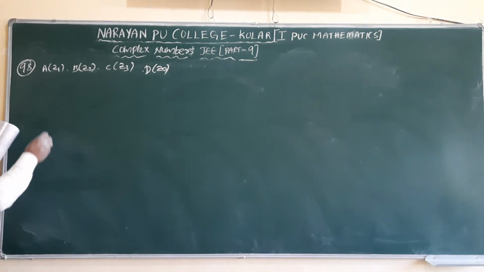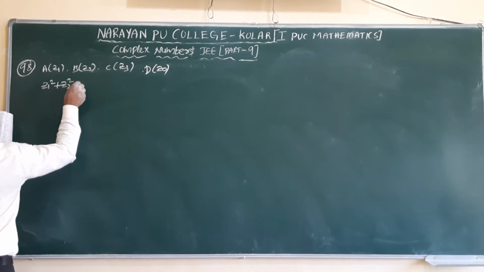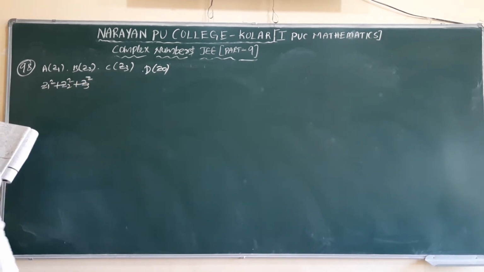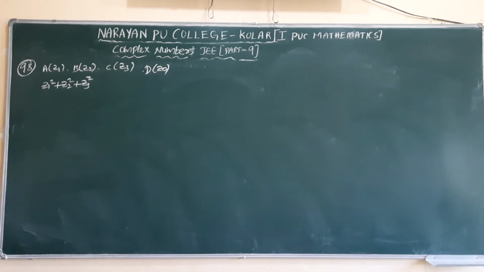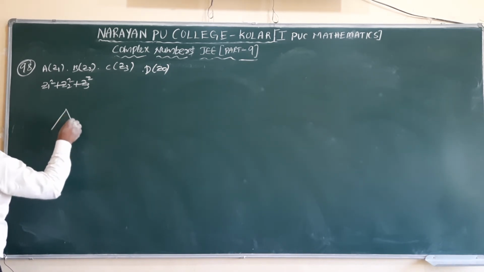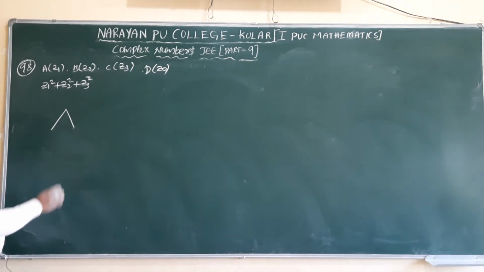Then Z1 square plus Z2 square plus Z3 square is... Here they have given Z1, Z2, Z3 as the vertices of an equilateral triangle.